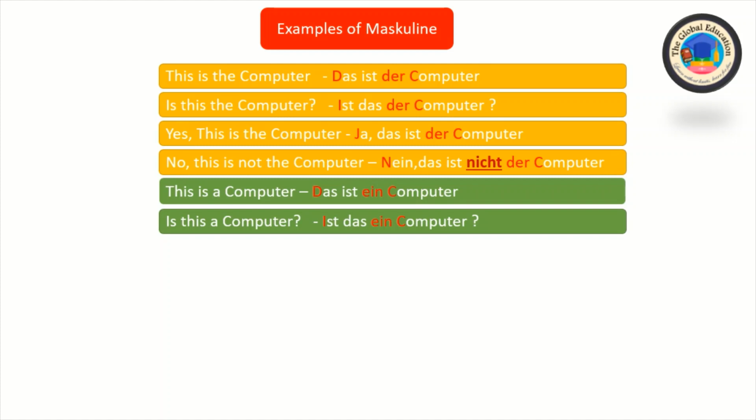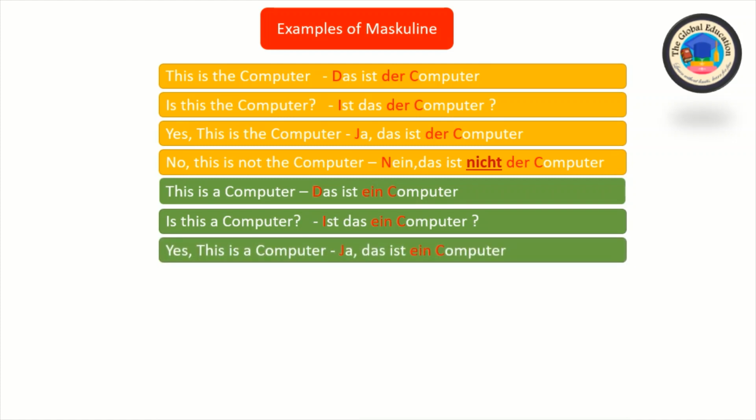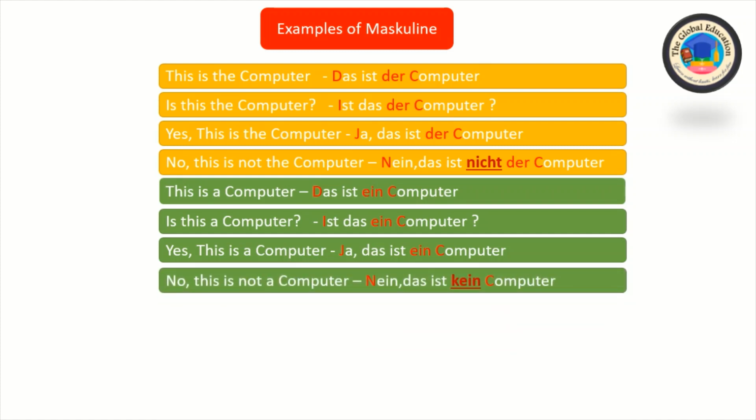Ist das ein Computer? Yes, this is a computer. Ja, das ist ein Computer. No, this is not a computer. Nein, das ist kein Computer. So here we see, when we use the computer, then we use the article der, and when we use a computer, then ein or kein is used.